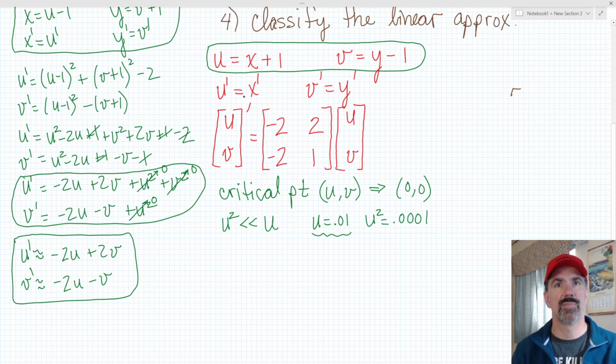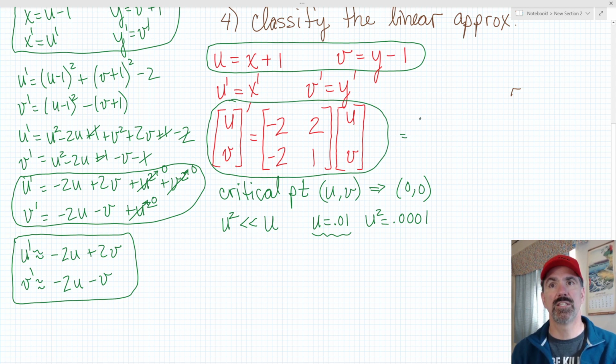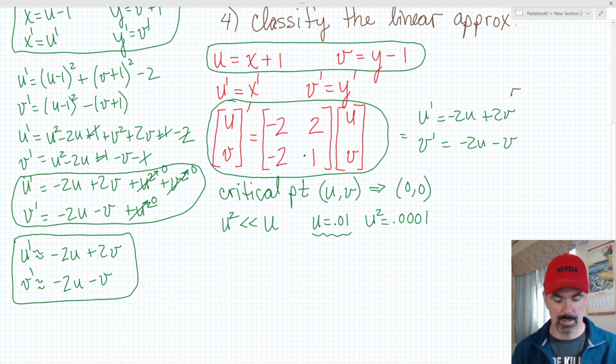But wait a minute, that is exactly what this is. They are identical. This is u prime equals negative 2u plus 2v, and v prime is equal to minus 2u minus v. There should be a negative here because I typoed that. My bad. This should have a negative 1. When I did the Jacobian, I messed that up.